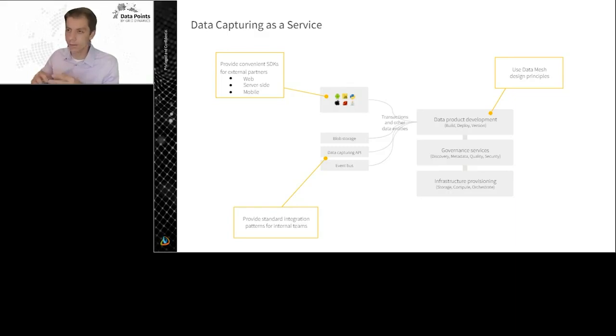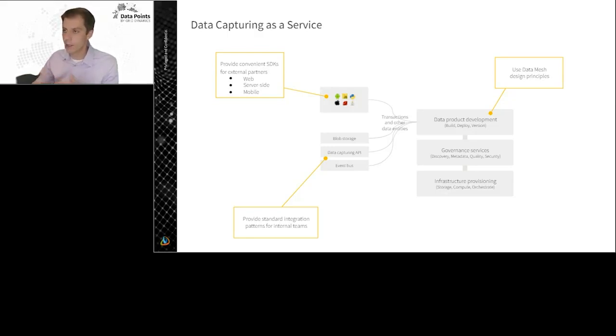Then it's generally a good idea to provide a relatively small set of standard integration patterns for internal teams, such as the ability to ingest data from blob storages, capture data from APIs, capture data from event buses, so that internal teams can integrate with the solution quite easily and send in their data.